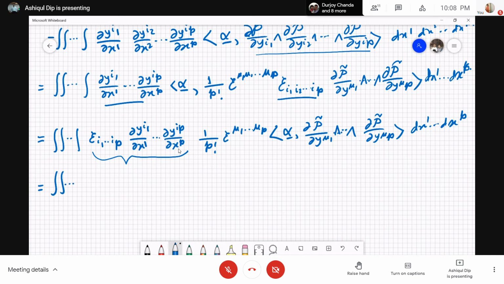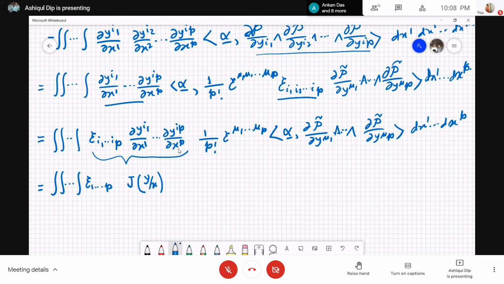So those indices on X become the lower indices with E, E1 up to Ep, like that. Then the Jacobian determinant, which is just J. J of what? J of Y to X, right? When you go from X to Y coordinates, that's the Jacobian.